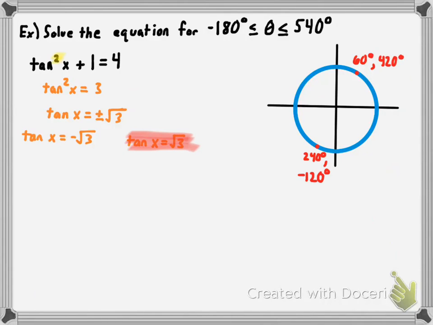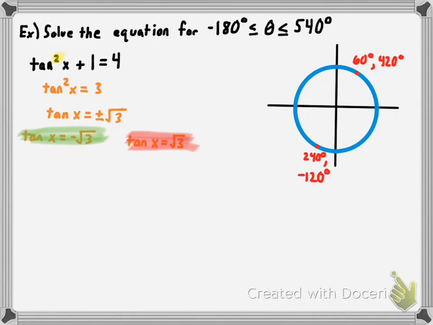We also need to find the angles where the tangent of x equals the negative square root of 3. Now I'm going to mark these in green, and I'll just color coordinate again there. Now it turns out that whenever two angles have tangents that are opposites of one another, there's a couple ways you can think about where they are located in relation to one another.